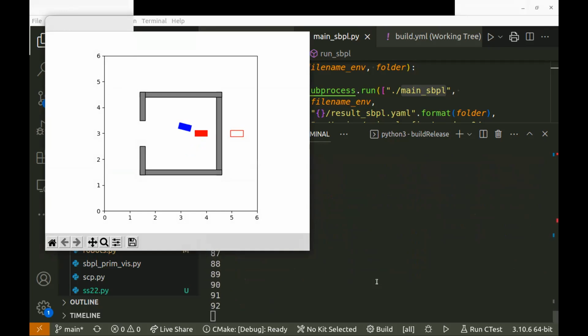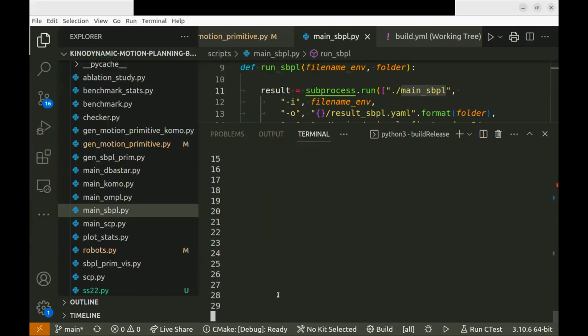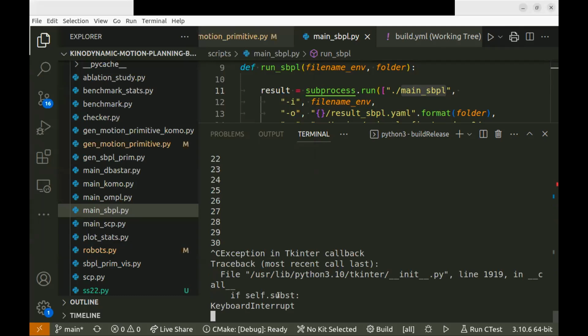And we have quite many motion primitives, I guess. And then the goal is to move to the other side. That's also open source, and you can look at it and play with it if you want. That's also SBPL, and I think it was ARA star.